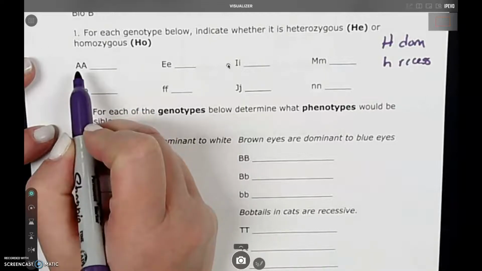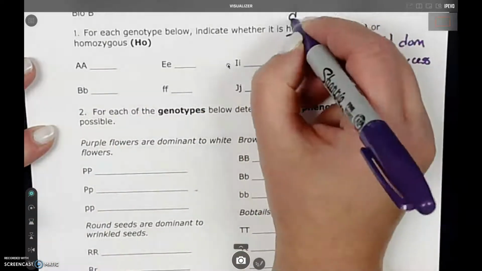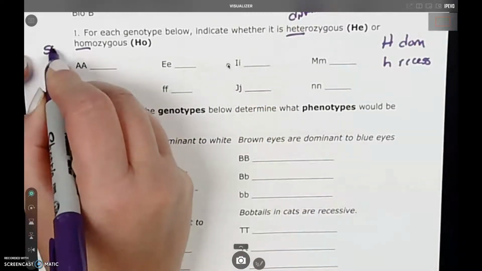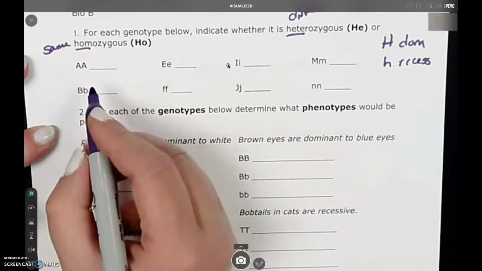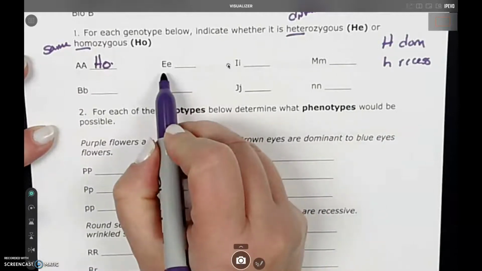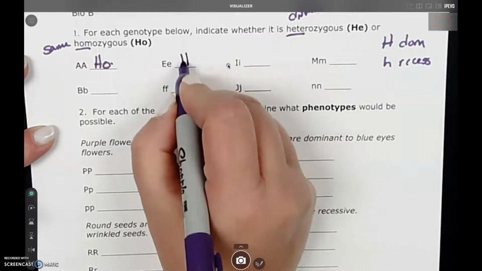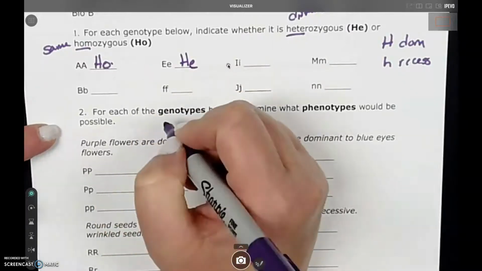Hetero means different. Homozygous means the same. So if they're both the same, guess what you put down? Homozygous. If it's two different, like the E's, what do you put down? Heterozygous. That's all you're doing there. That's easy peasy, right? Okay.